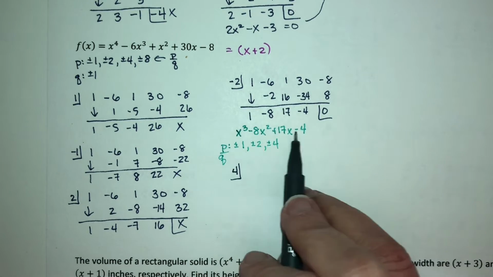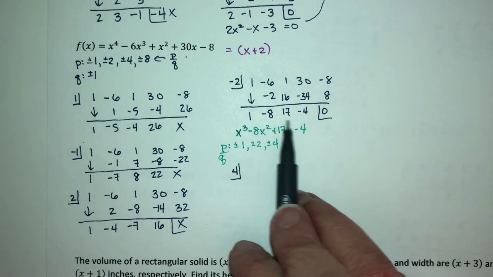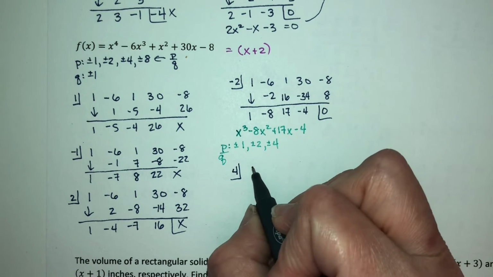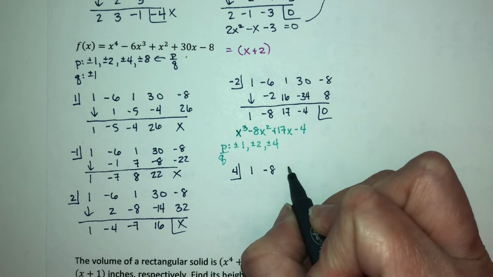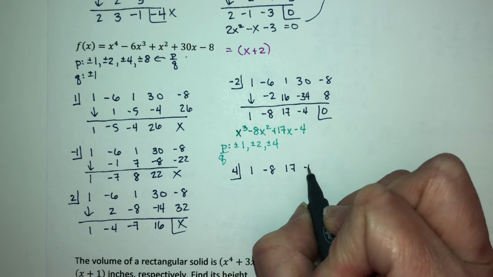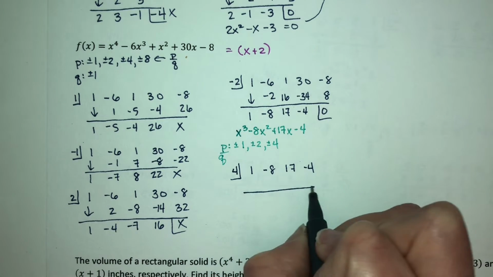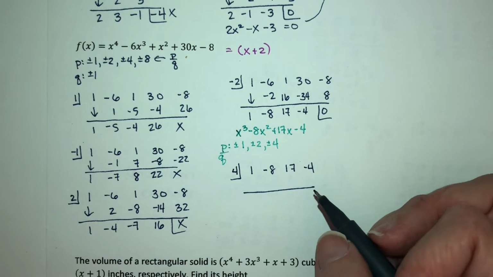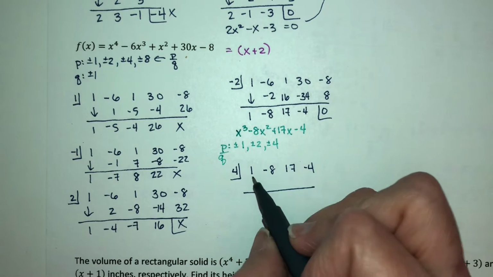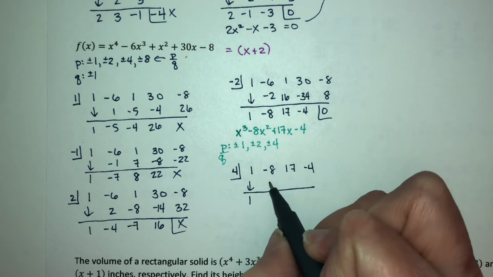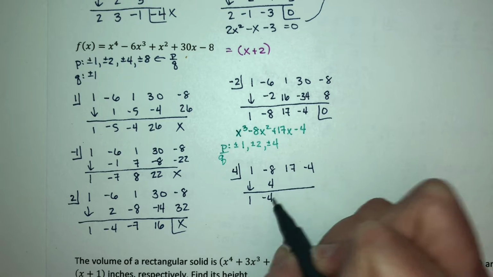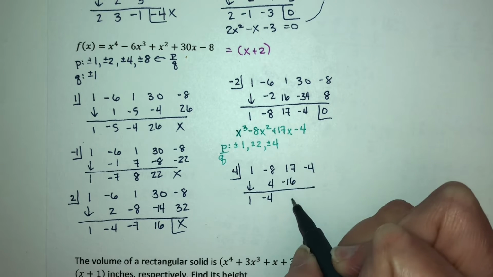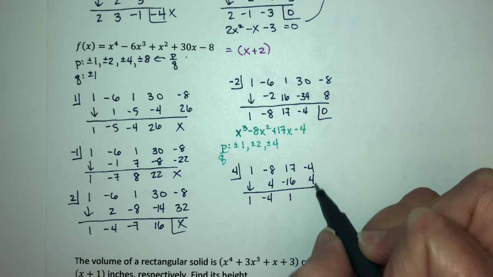And this time I'm using this one, which will be your coefficients here. Bring down the 1, get -4, -16, which is 1, +4, and 0.